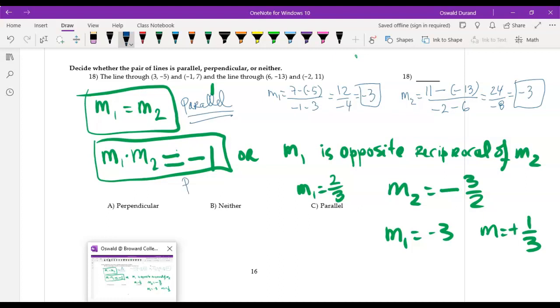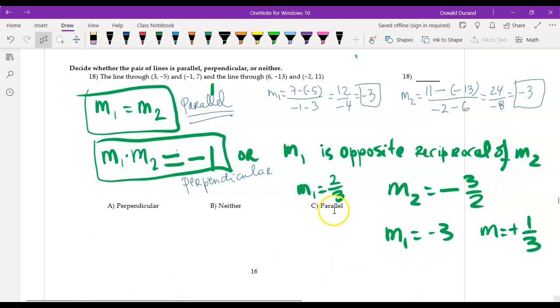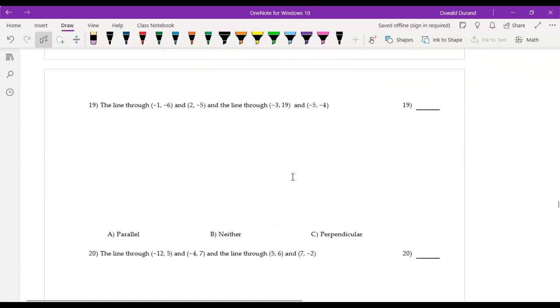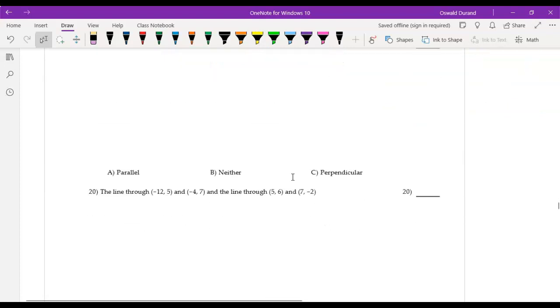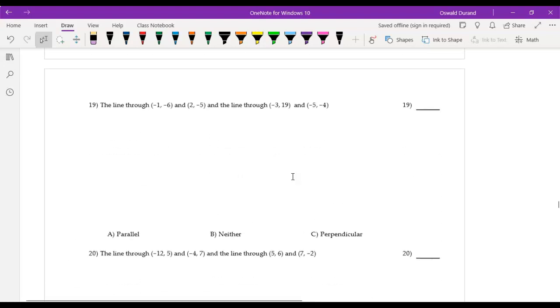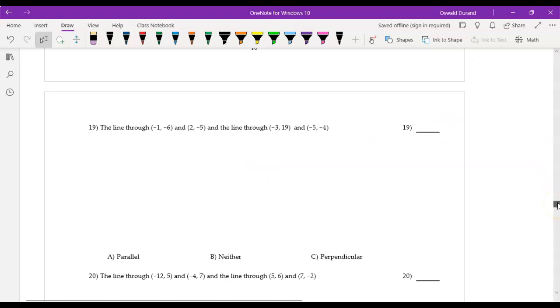The other one is perpendicular. Right? That would fall into that category here. All right, so this one is parallel. I don't know which one's going to be perpendicular. I can go quickly, 19 and 20.